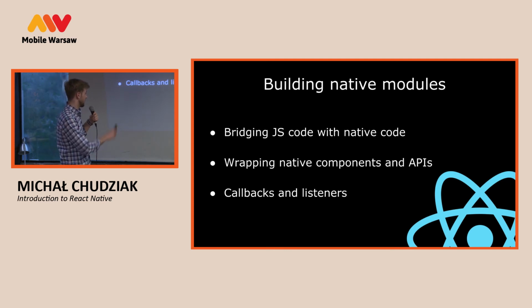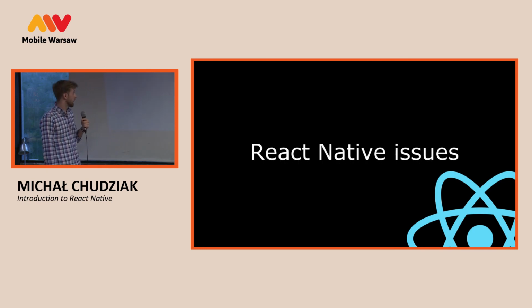So there are callbacks and listeners, so you can listen for events and provide functions which will be called after something happens, which is a very natural thing for Node.js, for example.